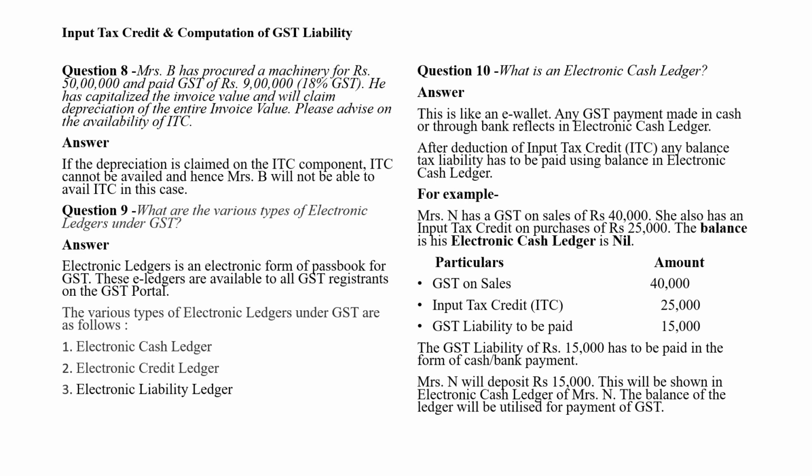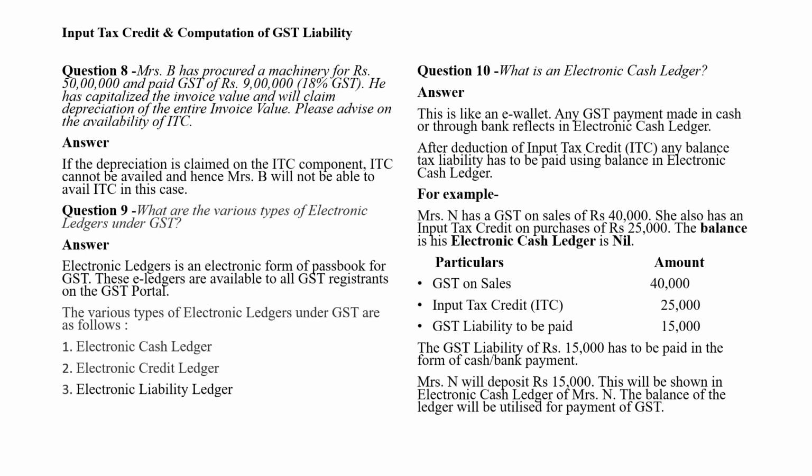Here we are taking an example to clarify the discussion. Mrs. N has a GST on sale of rupees 40,000. She also has an input tax credit on purchase of 25,000. The balance in her cash ledger is nil.